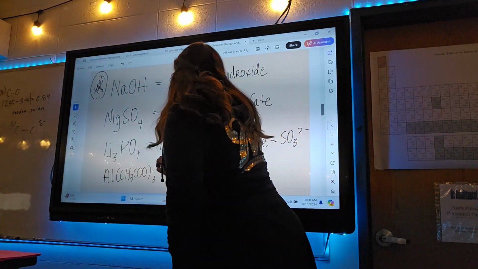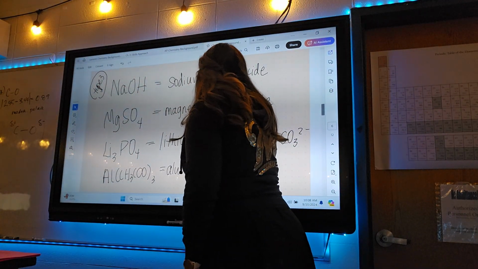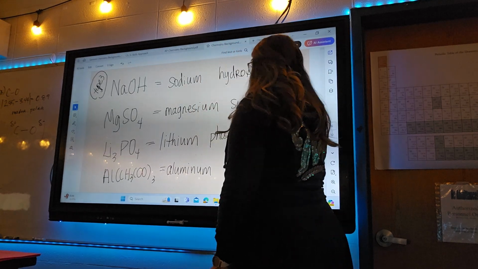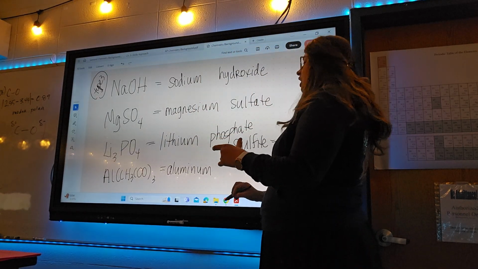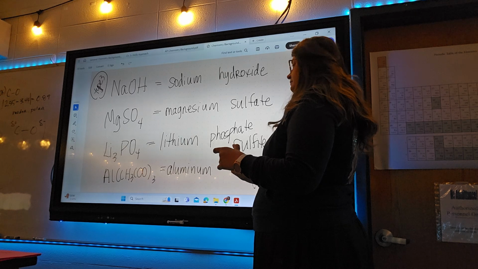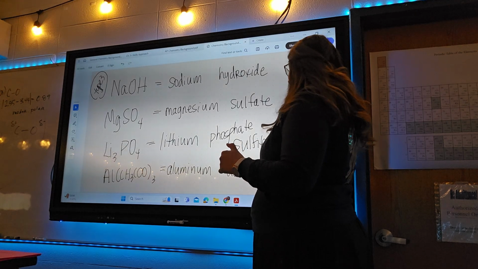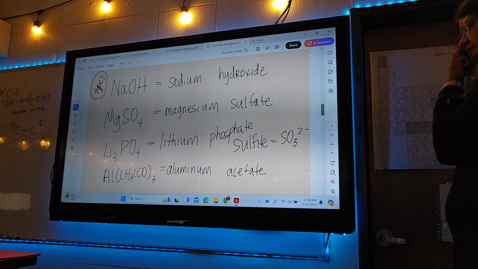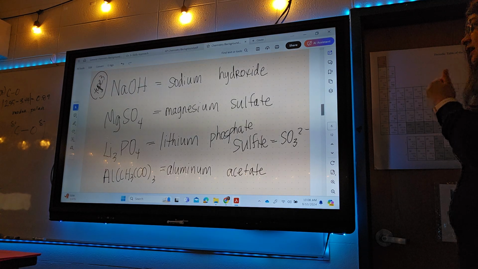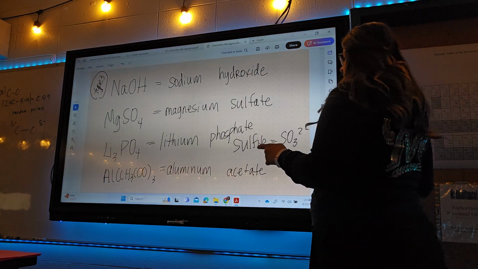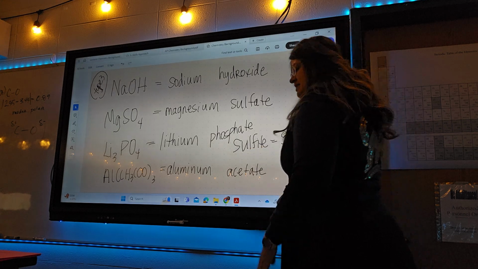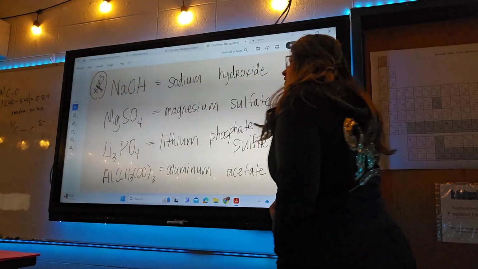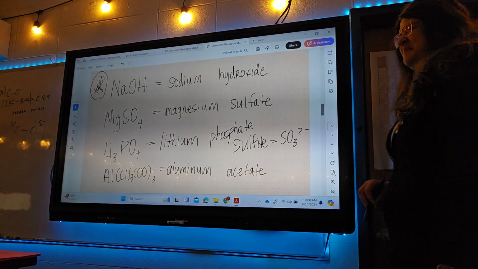And then this last compound here is aluminum. And then that last thing is called acetate. Is that how I have it written on the sheet? Because that's how I write the acetate.